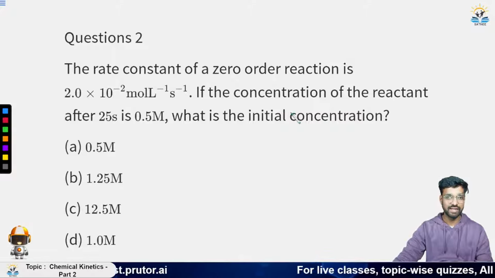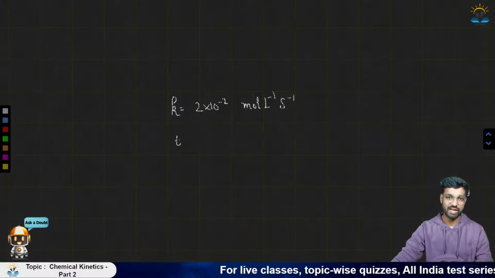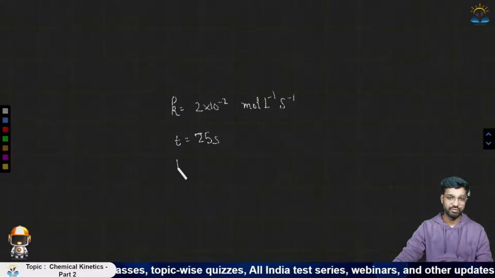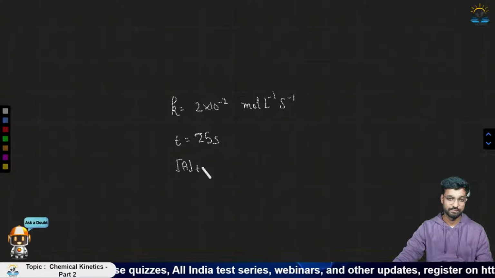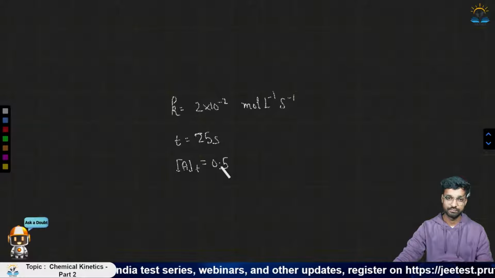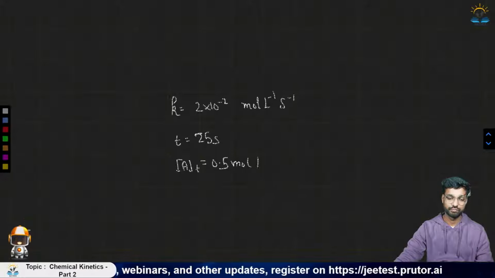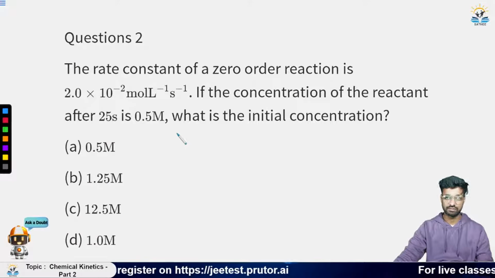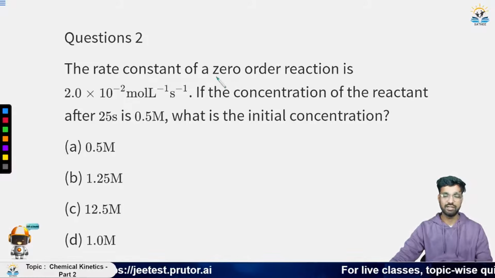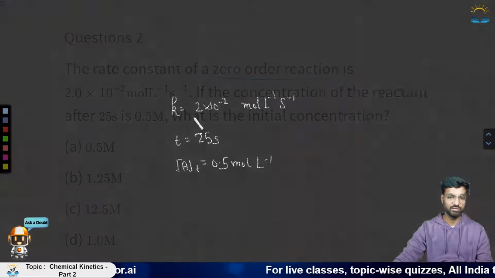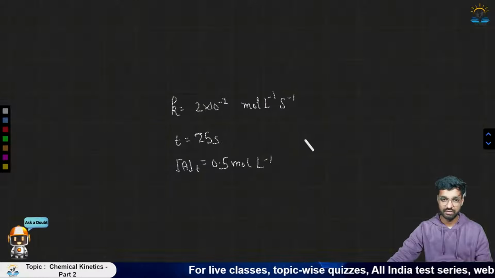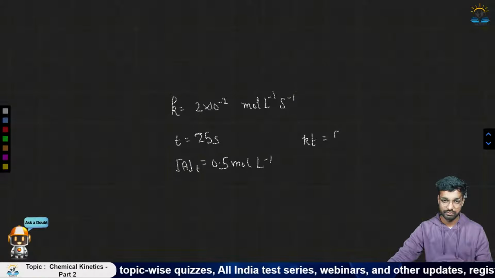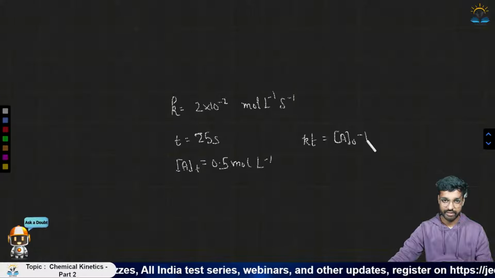If the concentration of the reactant after 25 seconds, so the time is 25 seconds, is 0.5 mole per liter, that is M, what is the initial concentration? It is already said that it is a zero order reaction, so we know the formula very well, which says Kt is equal to A naught minus At.